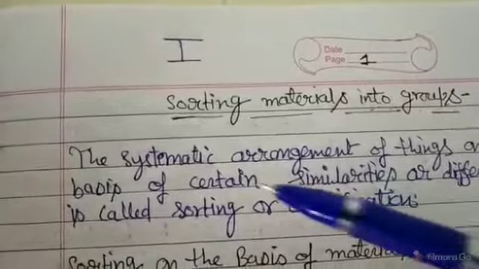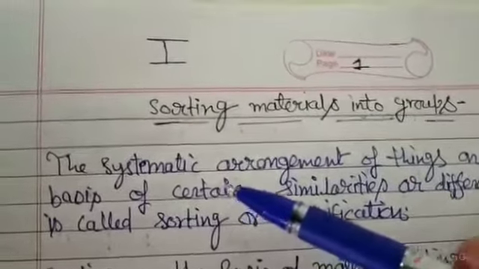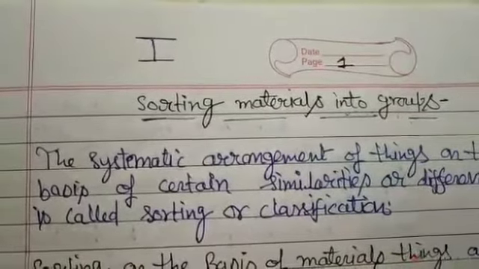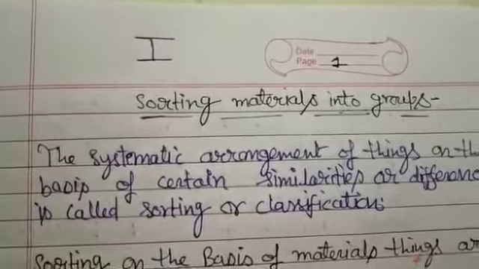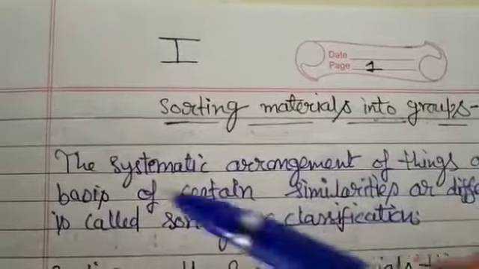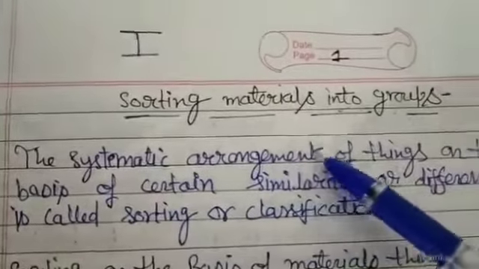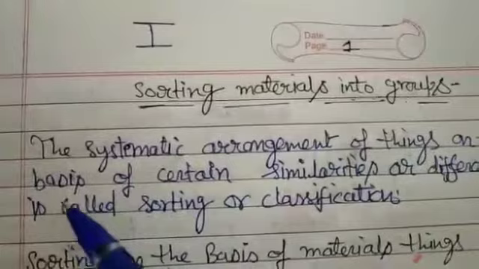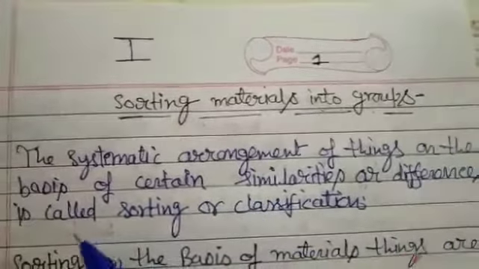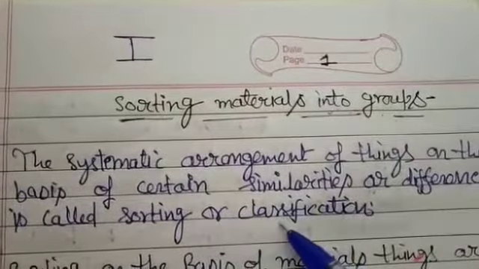So beta, in this situation, how can we define the systematic arrangement? The systematic arrangement of things on the basis of certain similarities or differences is called sorting or classification.